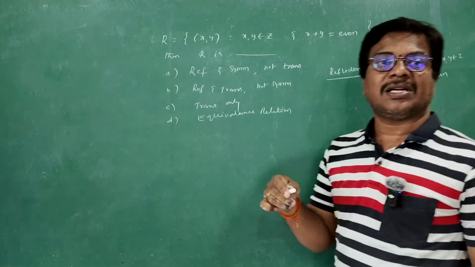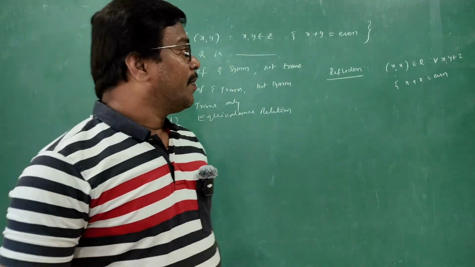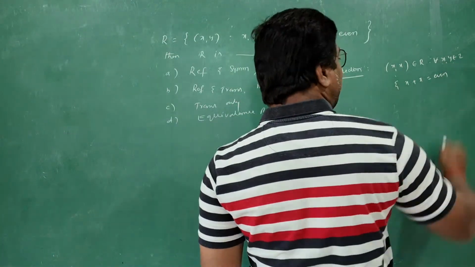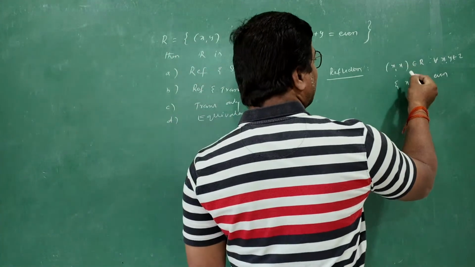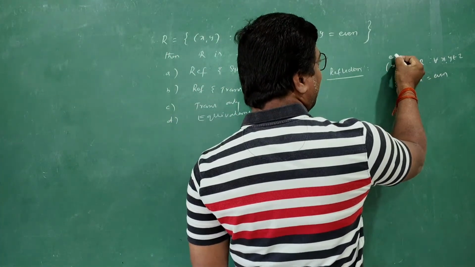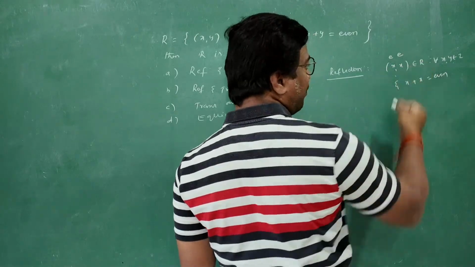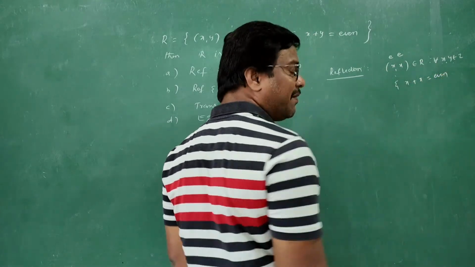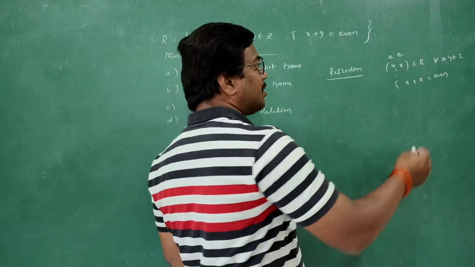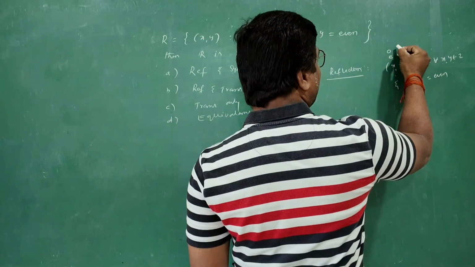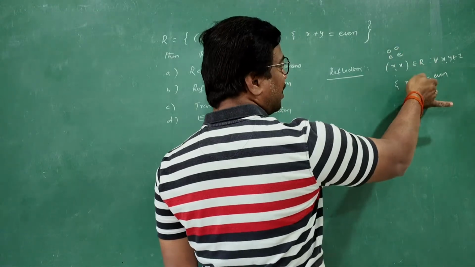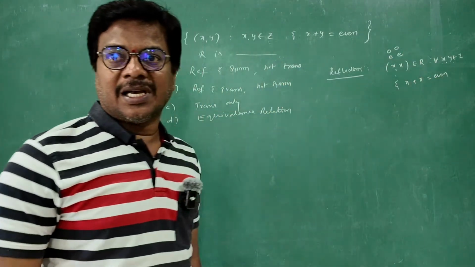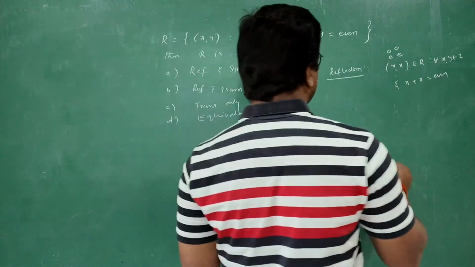Whether it is true or not, cross check. If x is an even number, then even plus even becomes even. Another chance: if it is an odd number, both are equal, so odd plus odd again gives even. So it is reflexive, I can say.